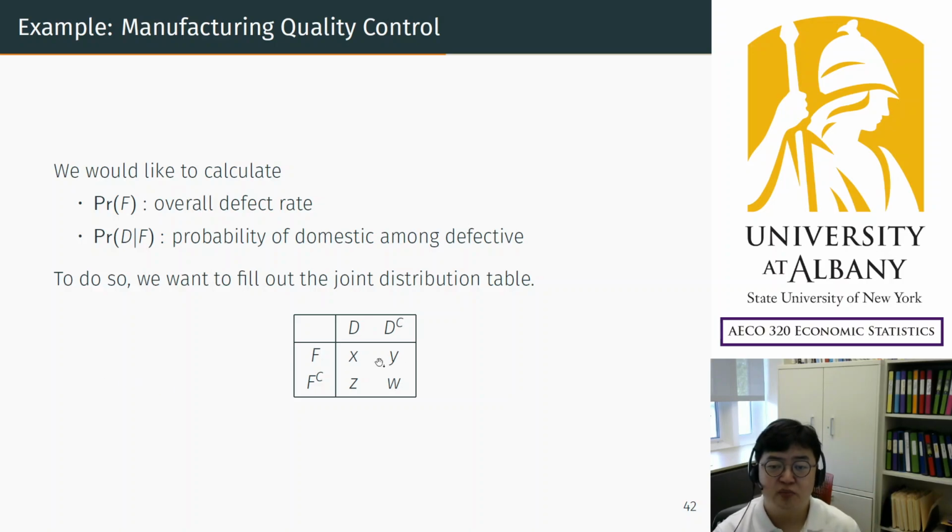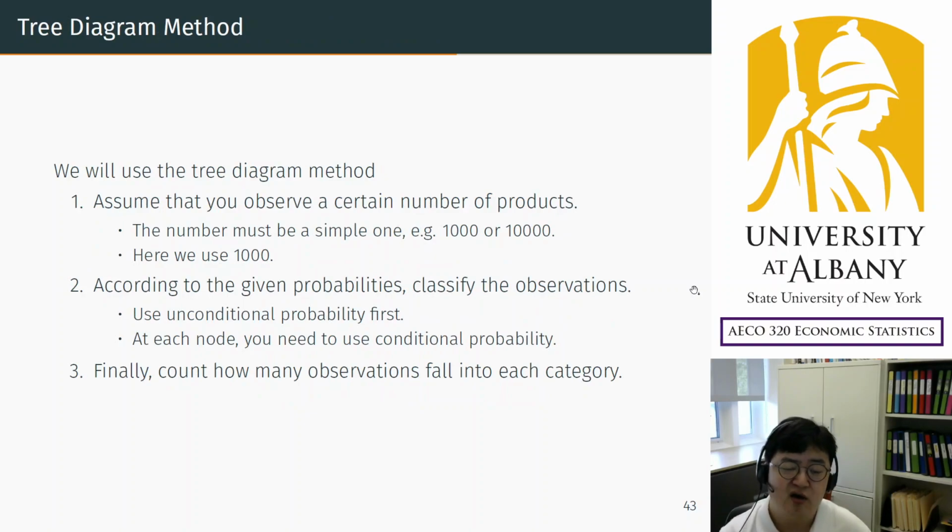If you know all the joint probabilities, then you can calculate conditional probabilities as we learned in previous videos. So understanding the joint probability distribution is everything. That's the complete knowledge about these two events. Okay? And then how do we do this?